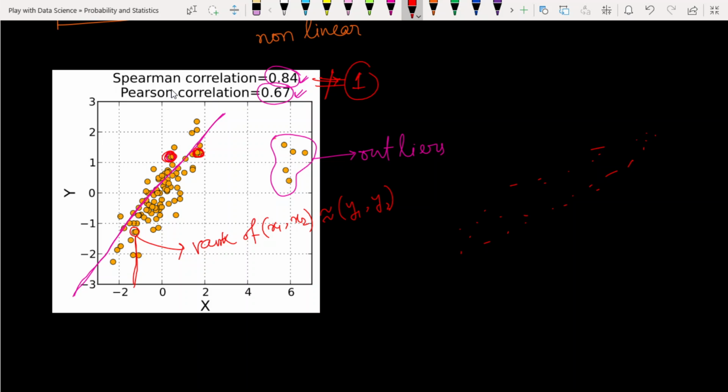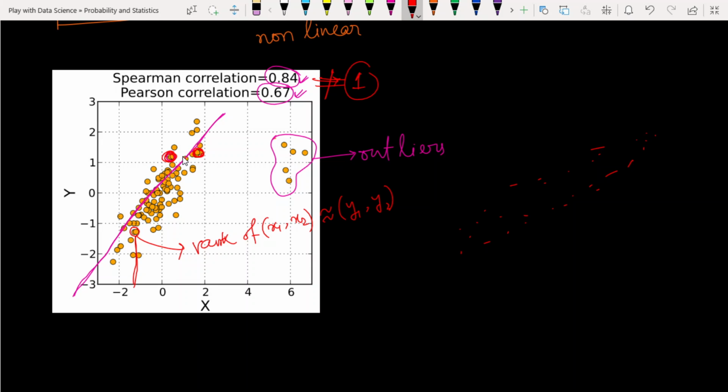If you consider the Pearson correlation coefficient, it gives 0.67, meaning the confidence in the relationship of our data is approximately 0.67. But our Spearman correlation coefficient gives 84% confidence about the relationships of our data.